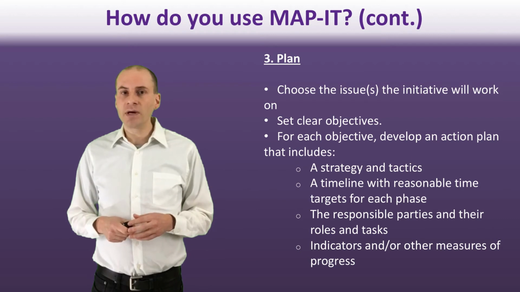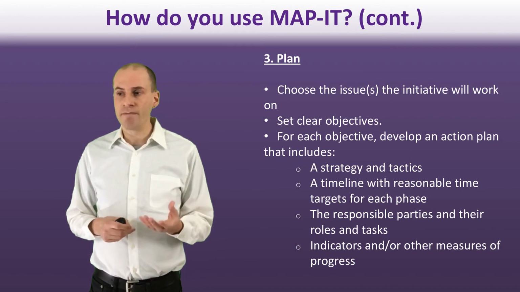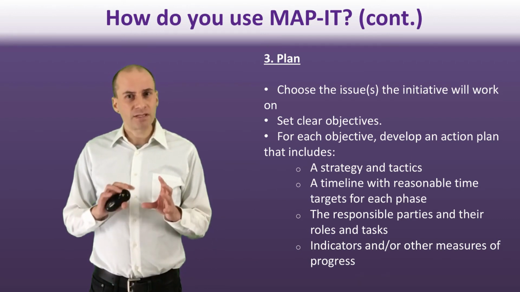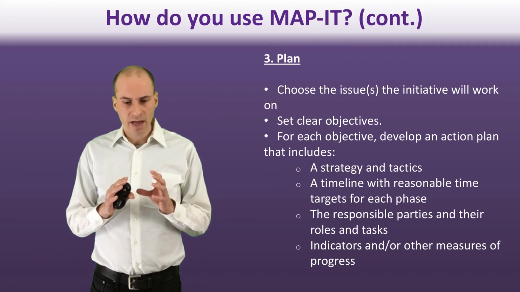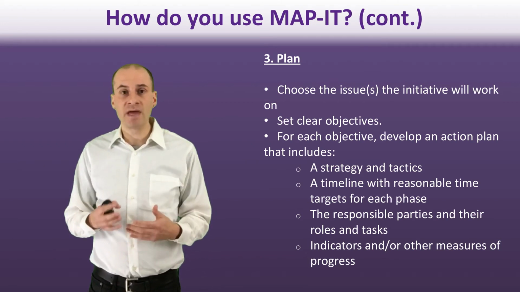And then you want to actually look for different indicators or measures of progress. What this means is having a clear idea of how you would actually tell if you're making change.